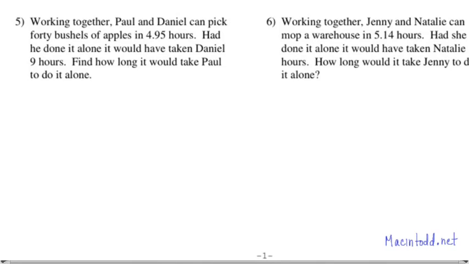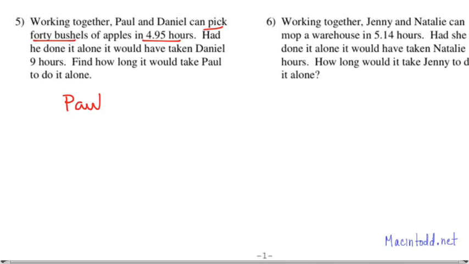Very similar problem. Paul and Daniel this time can pick 40 bushels of apples in 4.95 hours. If we think about what their job is, it's to pick 40 bushels in that amount of time.